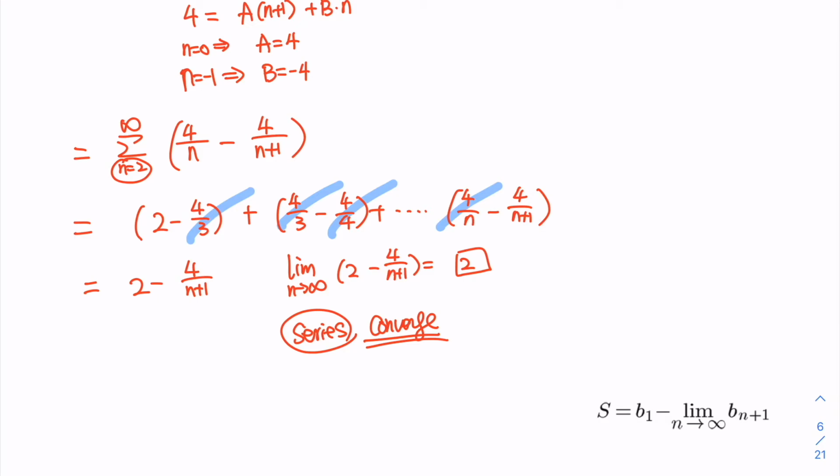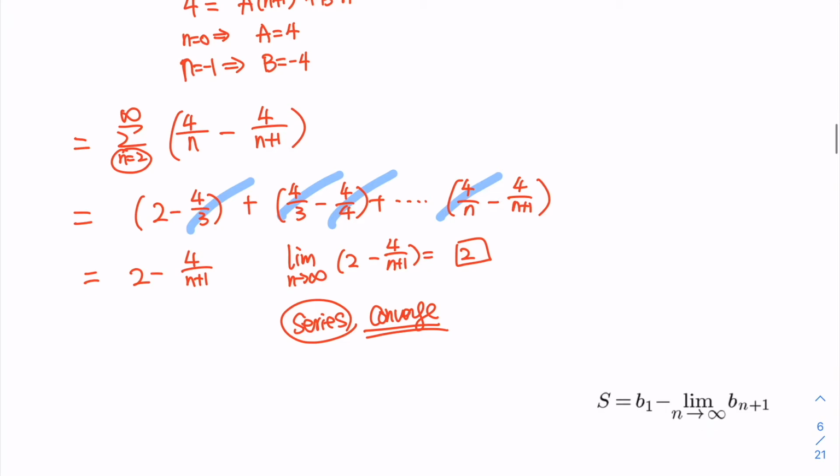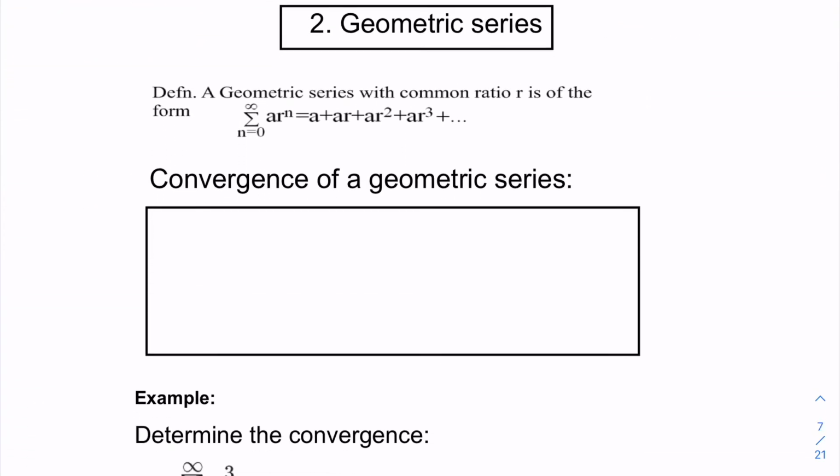For telescoping this type of series, you just need to write each term, find the pattern, and solve the limit. The next type of problem will be geometric series. For geometric series, the most important concept is what we call the common ratio, r. So given a times r, a times r squared, a times r cubed, the common ratio is r, and this type of series we call the geometric series.